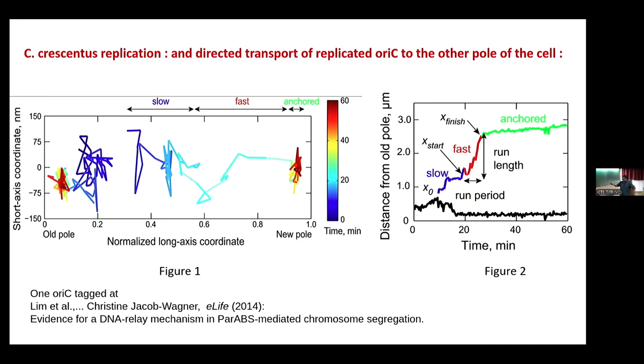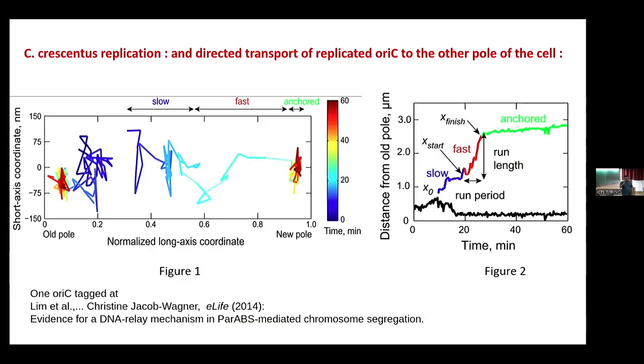One oriC remains near the center, the other one basically zooms to the other end of the pole, and this is done by the ParABS system. Again, the question is, how does the ParABS system know that it is to take one of them to the other end of the pole? What I realized is that ParA sits randomly along the DNA.